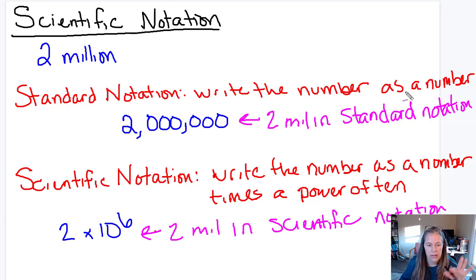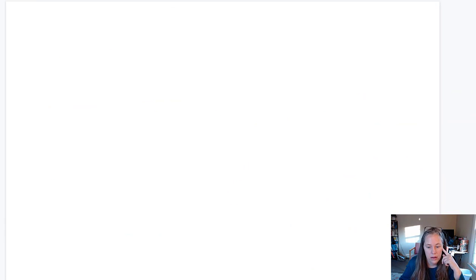Okay, I'm going to erase this, so if you want to pause, you can. So the thing that we have not been talking about yet that is new is that scientific notation has rules about how you can do it.